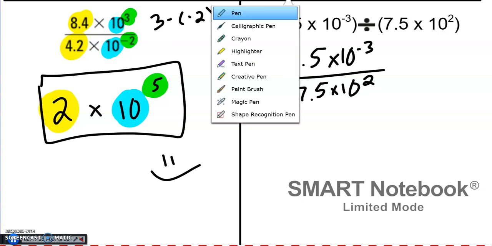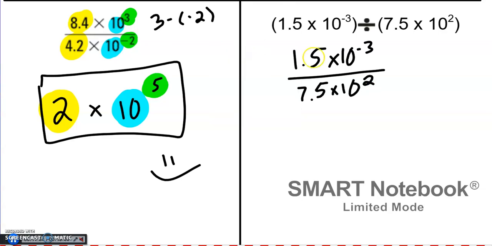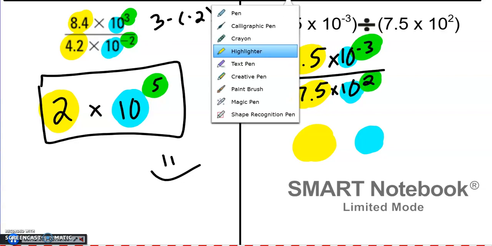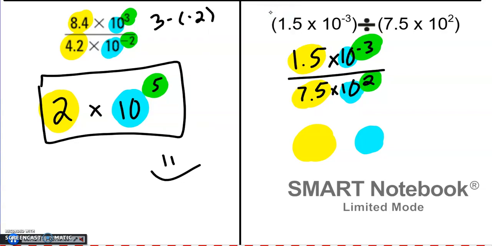So now let's use our properties here. We're going to divide 1.5 and 7.5. Our base is still 10. And we have negative 3 in the numerator and 2 in the denominator. So we're going to do 1.5 divided by 7.5, and we get 0.2.